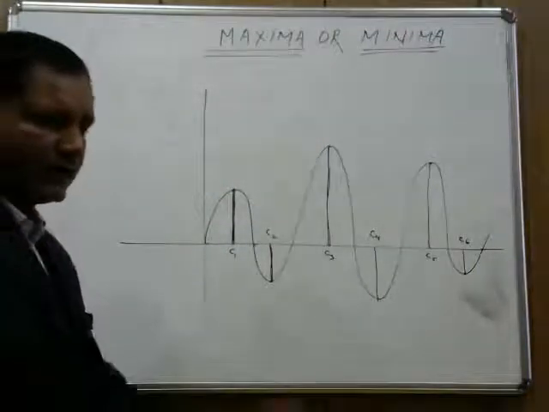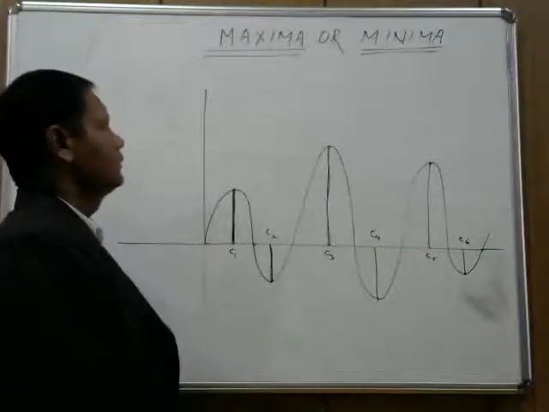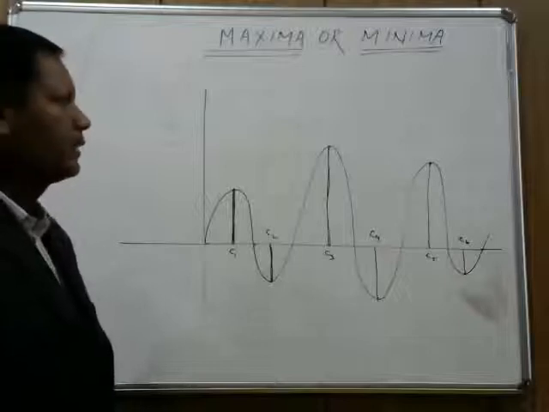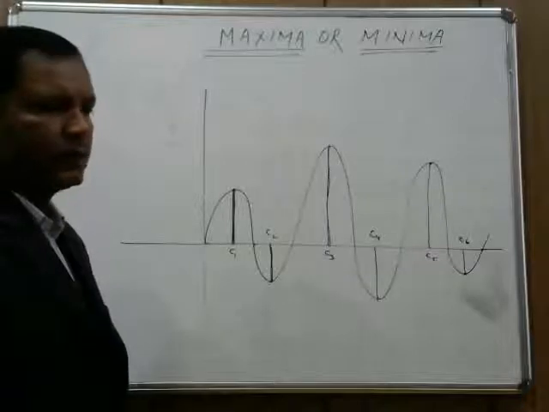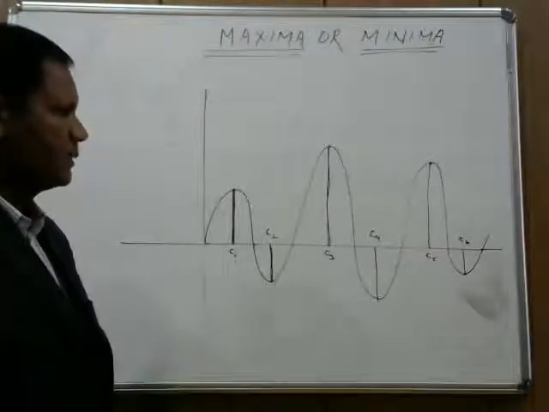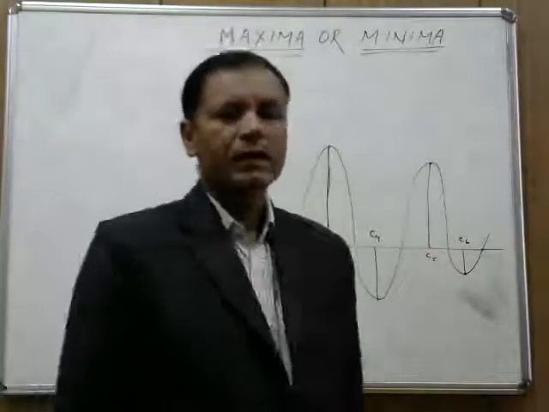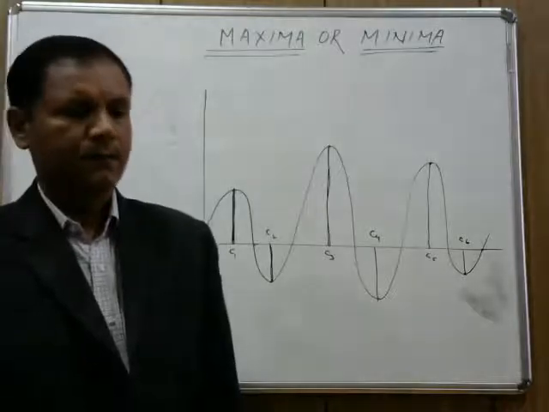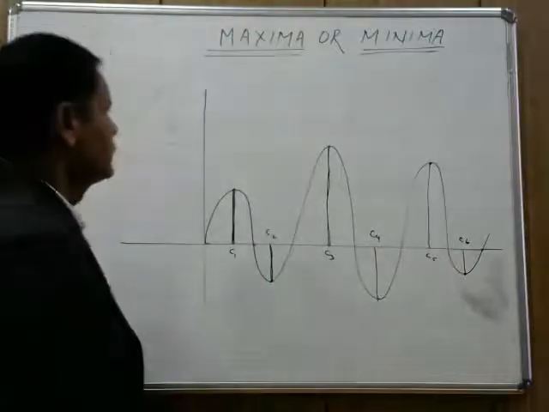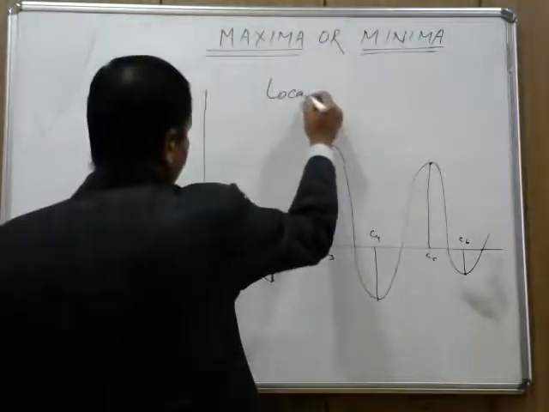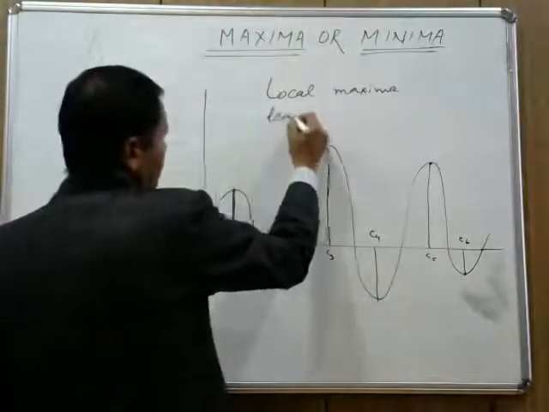And first of all, we will make sure that in a function there can be more than one point where the maximum value, maxima, can be obtained. Right? That means in one function we can have more than one maxima and more than one minima. When I talk about the maxima or minima, we will talk about the local maxima, local minima also.